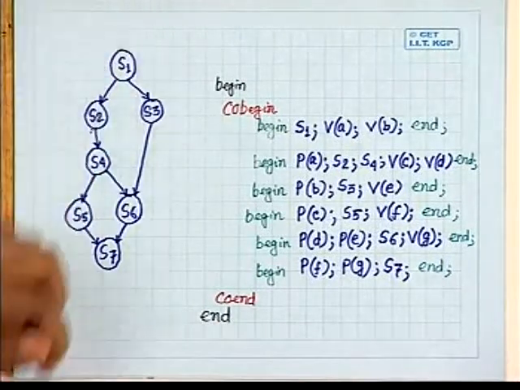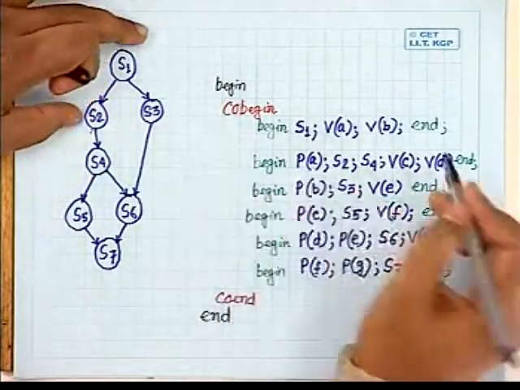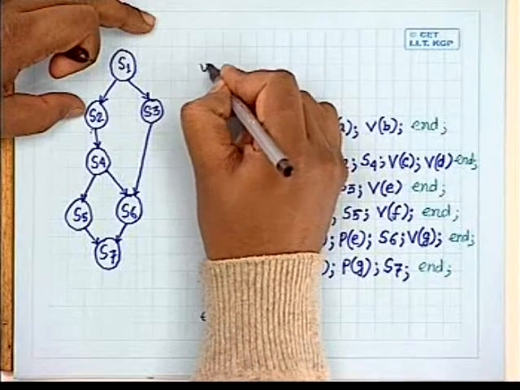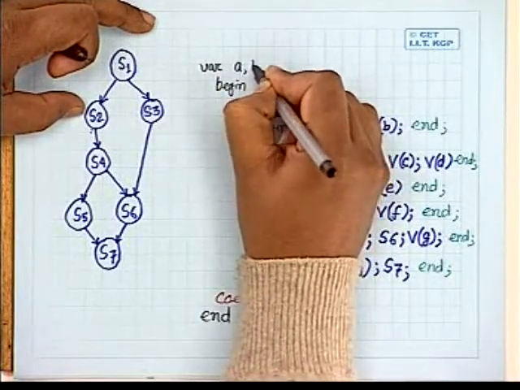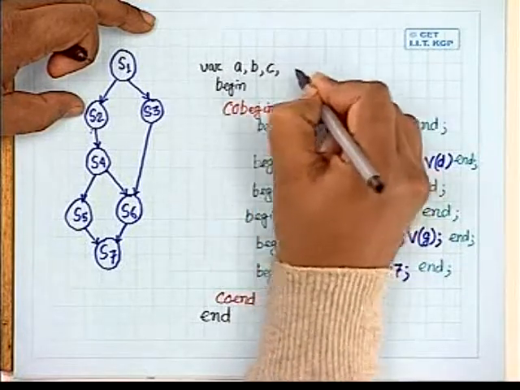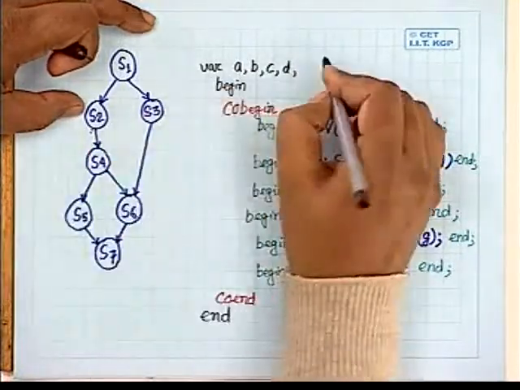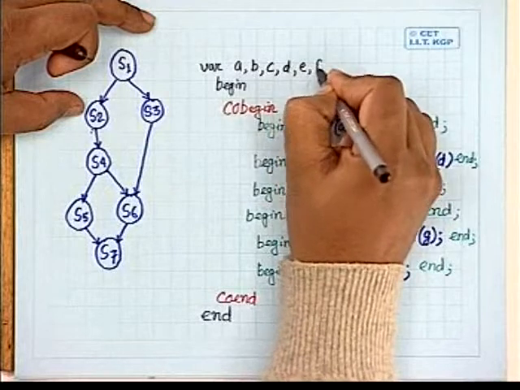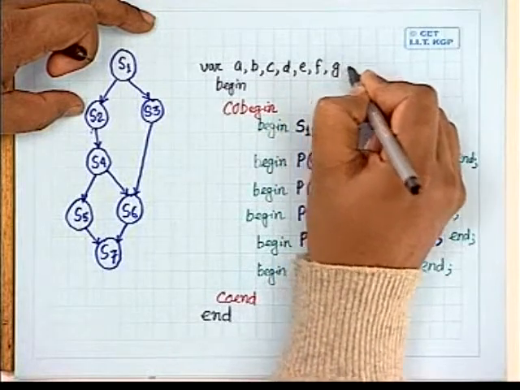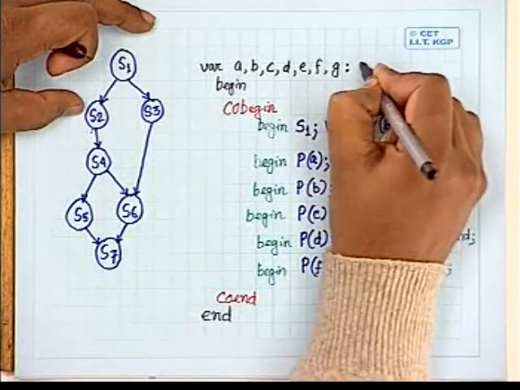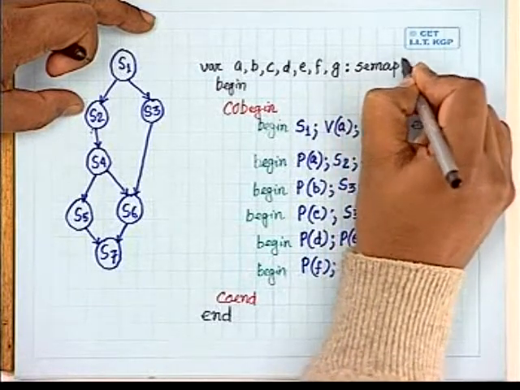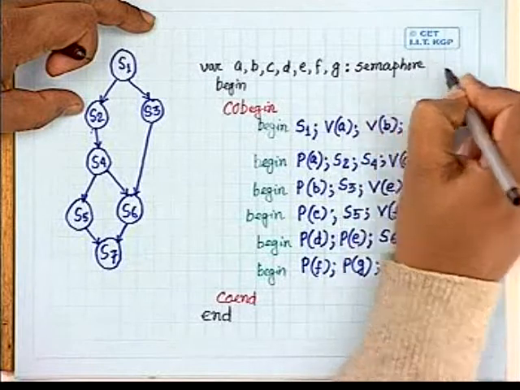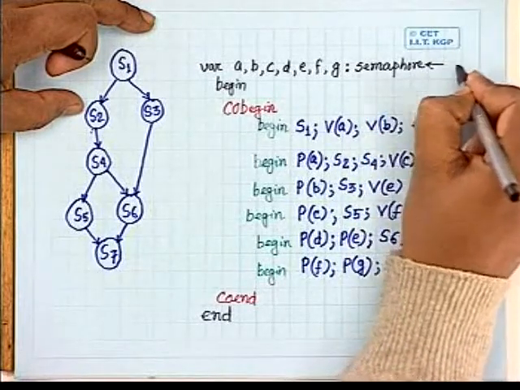Okay, and we have the semaphore variables. The variables which are required are A, B, C, D, E, F, and G. All of them are of type semaphore and initialized to value 0.